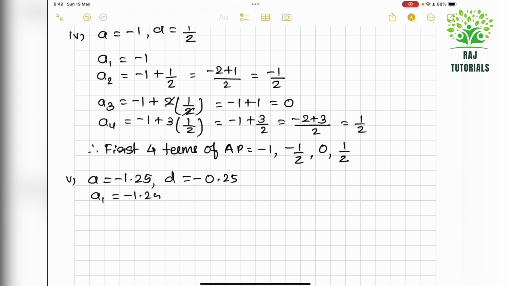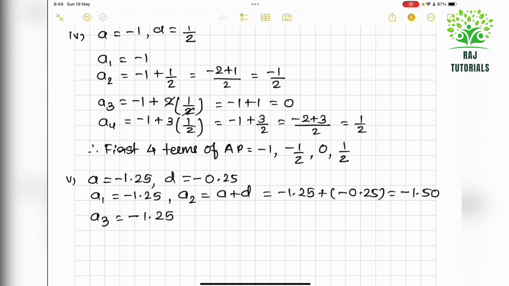A1 will be minus 1.25. A2 will be A plus D, so that will be minus 1.25 plus minus 0.25, so that will be minus 1.50. A3 will be minus 1.25 plus 2 into minus 0.25, so that will be minus 1.25 minus 0.50, so that is minus 1.75.